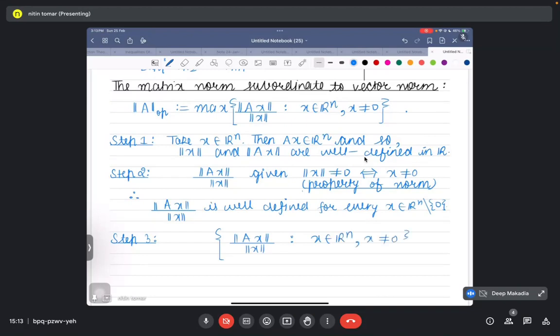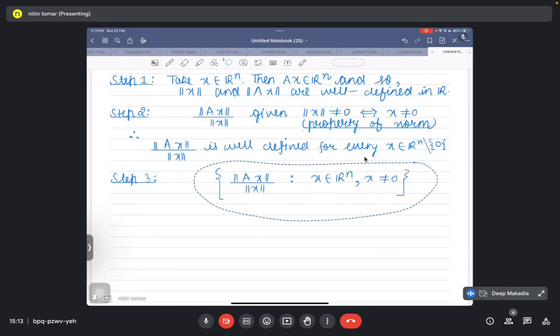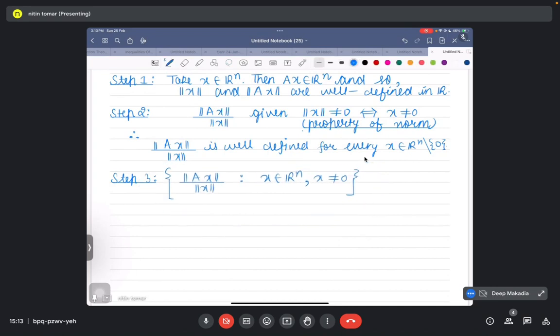Then this set is a well-defined set, right? It is a collection of well-defined real numbers, right? So what I am doing now, I am taking the maximum of this set, or maybe let me put it step by step so that when you see the notes, it should be clear. This is a well-defined set. Now, what do you do after this?